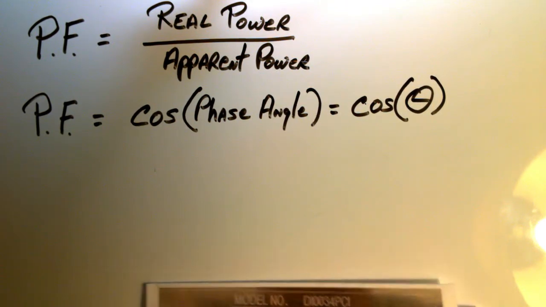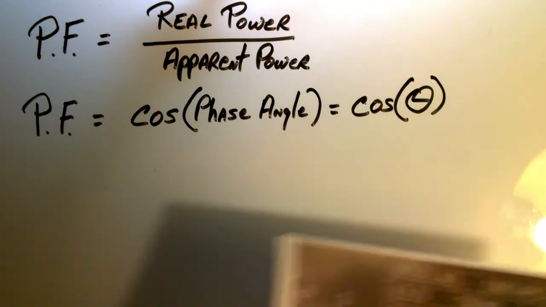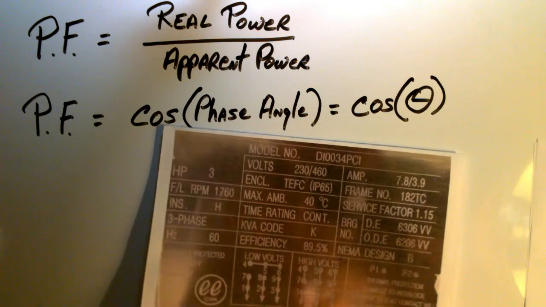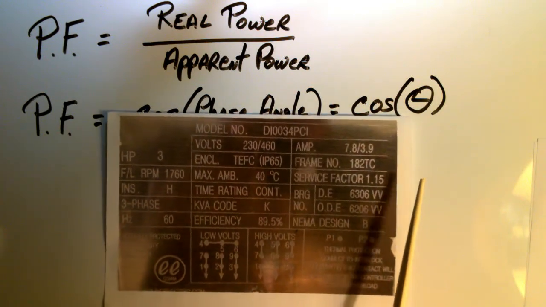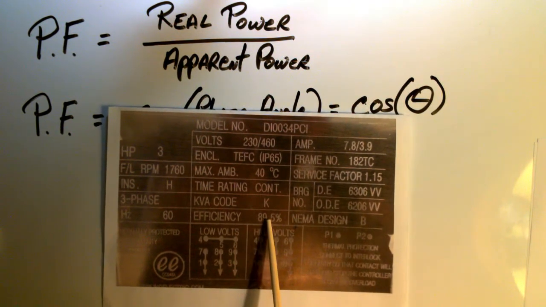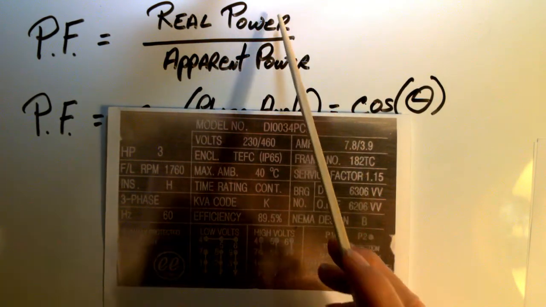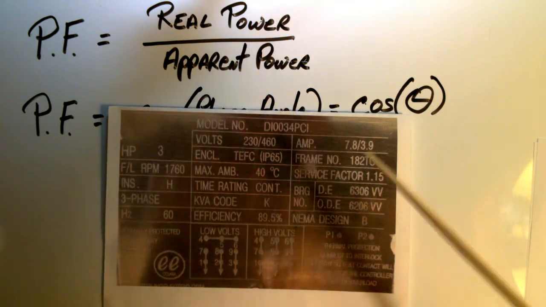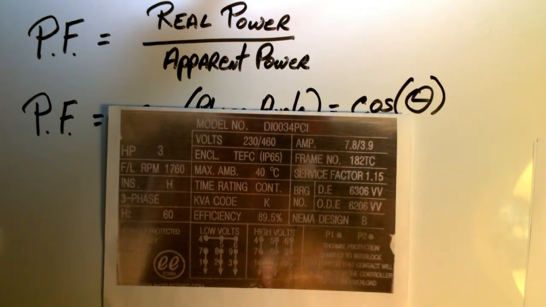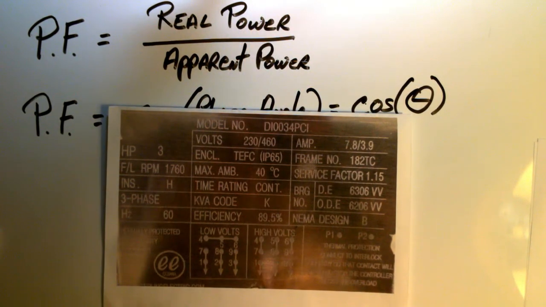Let me just talk for a minute here. I've got on the nameplate the efficiency of our motor. That tells us how much of our electrical power, our real power, is actually getting to the shaft. So 89.5% of our real electrical power is getting to the shaft.